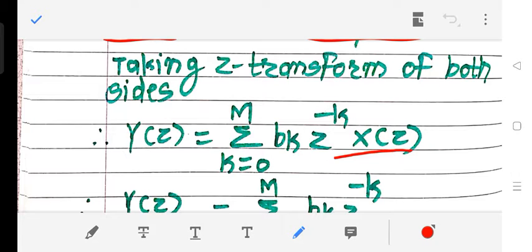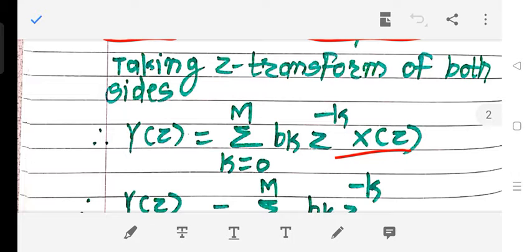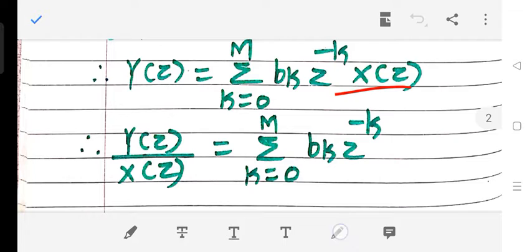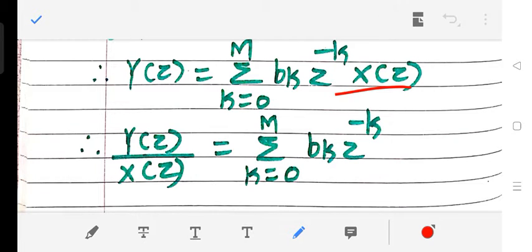Our ultimate aim is to obtain H of z, that is the transfer function in the z domain of the given system. So x of z travels from the right hand side to the left hand side, correct? We can take x of z outside because it is free from k; there is no k in x of z because it is in the z domain.